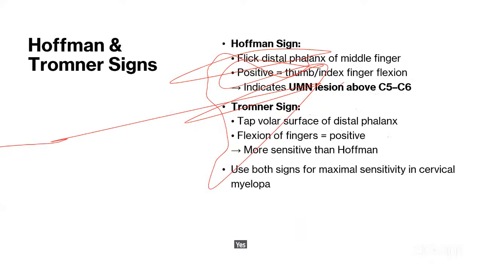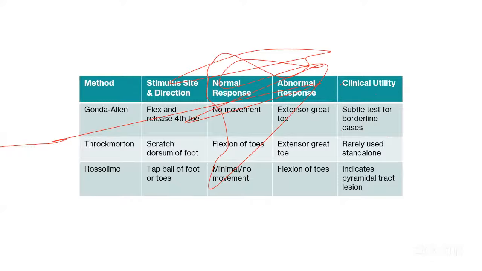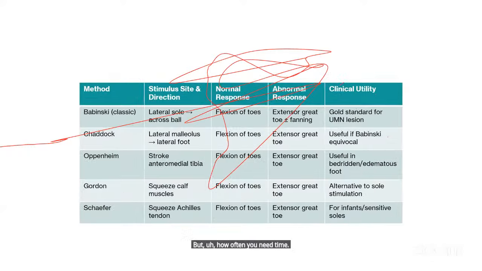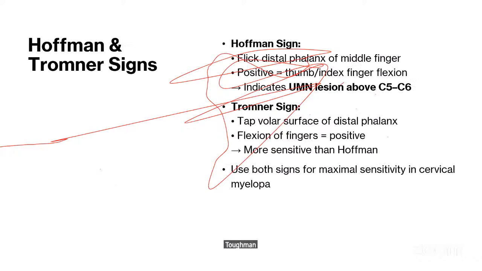Yes, one is that. For the upper limb equivalence, we can check Hoffman and Wattenberg.